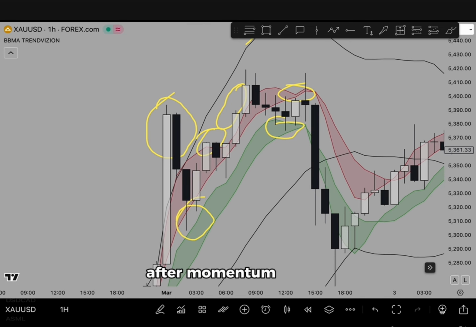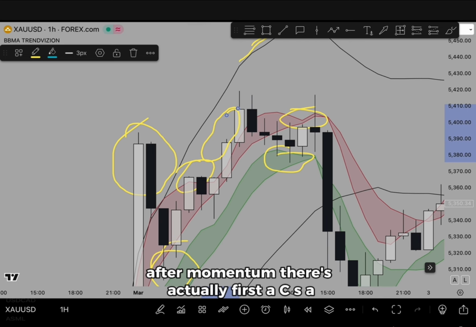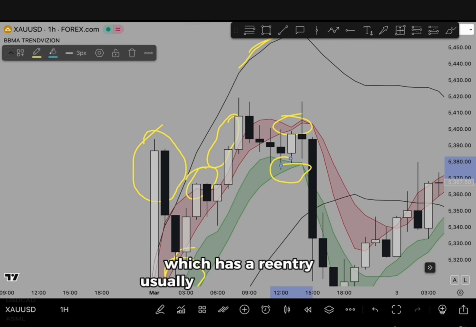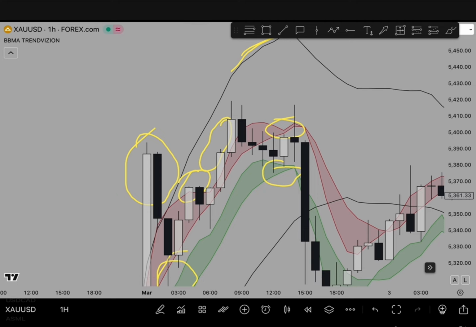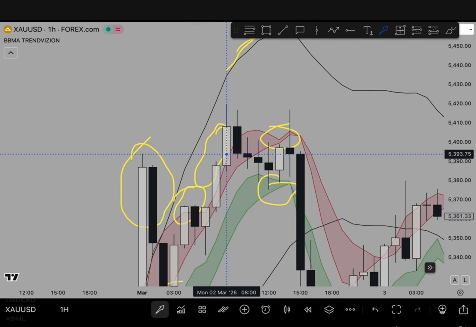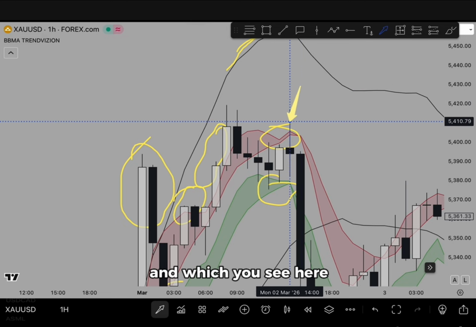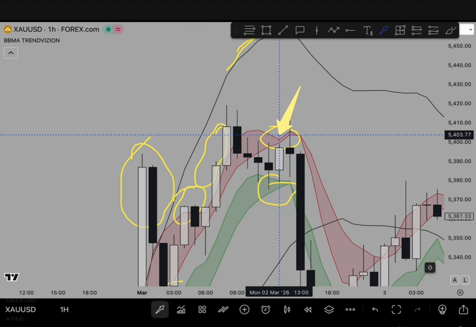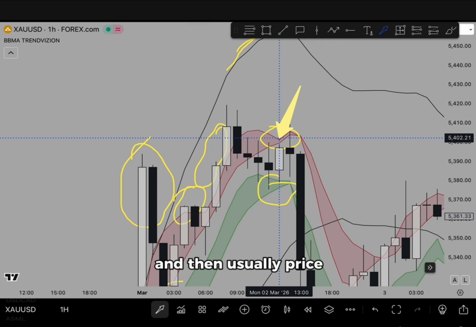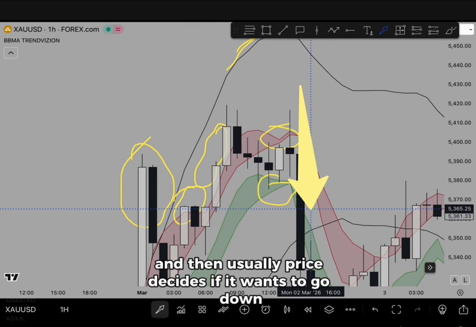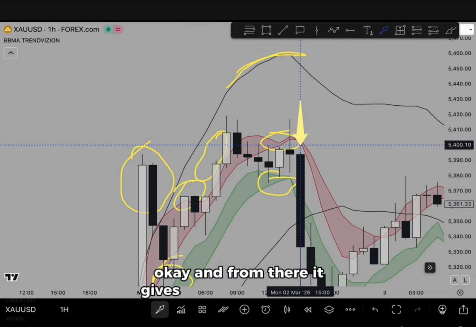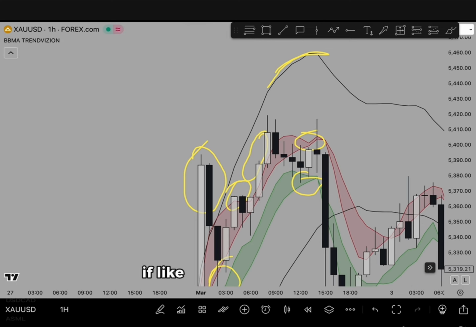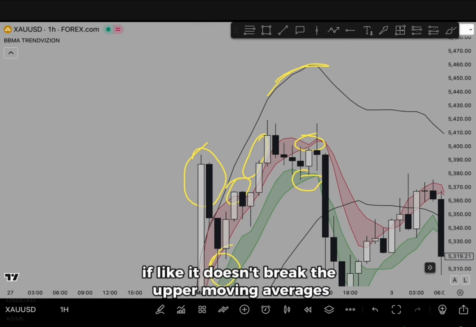No, after momentum, there's actually first a CSA, which usually has a re-entry, and after that re-entry, which you see here, it reaches the minimal TP, the upper moving averages, and then usually price decides if it wants to go down. From there it usually gives the big move, if it doesn't break the upper moving averages.